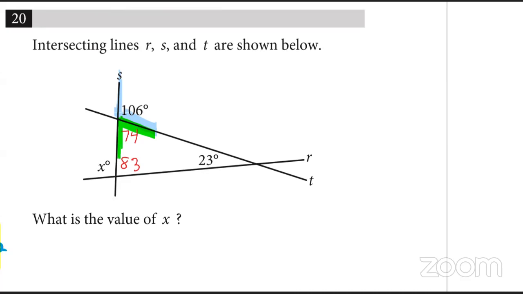So now we have another linear pair situation because we have now this blue angle and this green angle. So x and 83 have to add up to 180. So 180 minus 83 is 97. And so what we're saying is that 97 plus 83 equals 180. And so therefore x is 97. So that's the answer to number 20.